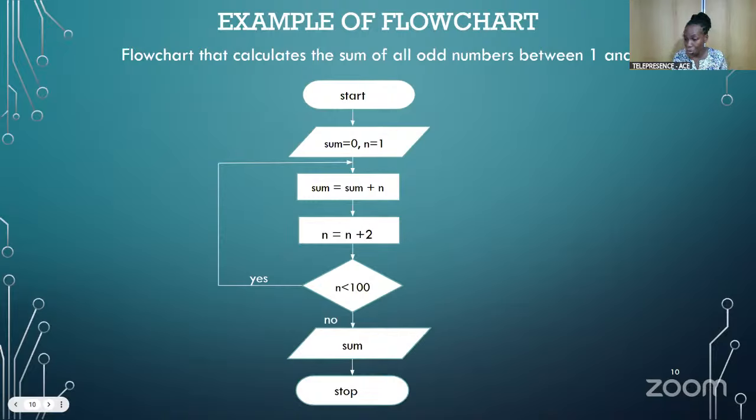As time goes on, when you start learning about all these conditions, if, else, and loops, while, do, and all, there is always a particular criteria to meet before it terminates. Once it's able to display the sum, that is an output, so it is in a parallelogram shape. Then it moves to stop. It must terminate, and that is over. I hope we are together and we get that.